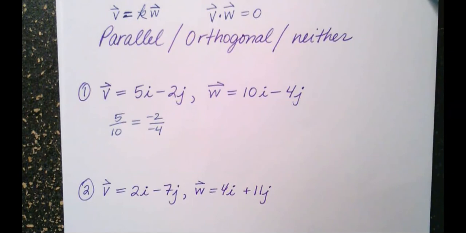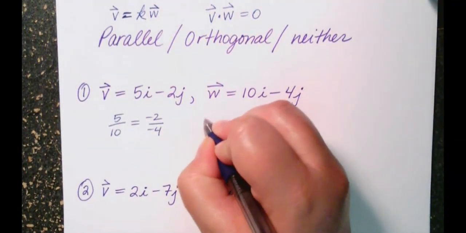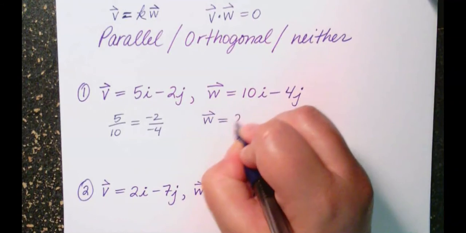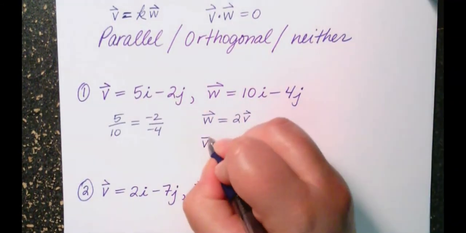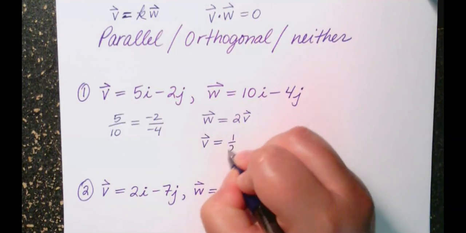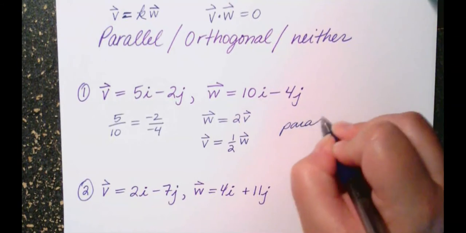So that tells me these are parallel. There is some number that I can multiply one of the vectors by and get the other one. In this case, W is 2 times V, or I could go the other way and say that V is 1/2 of W. So yes, these are parallel.